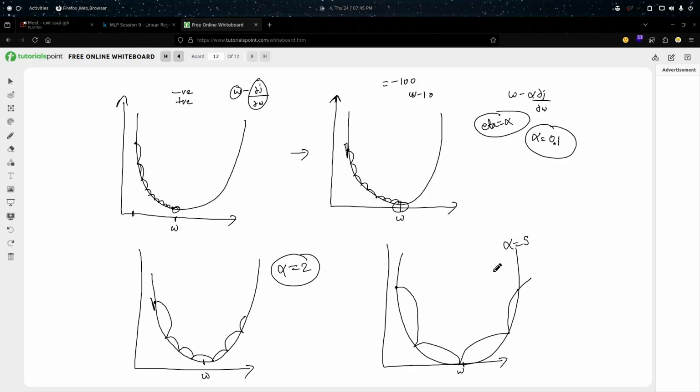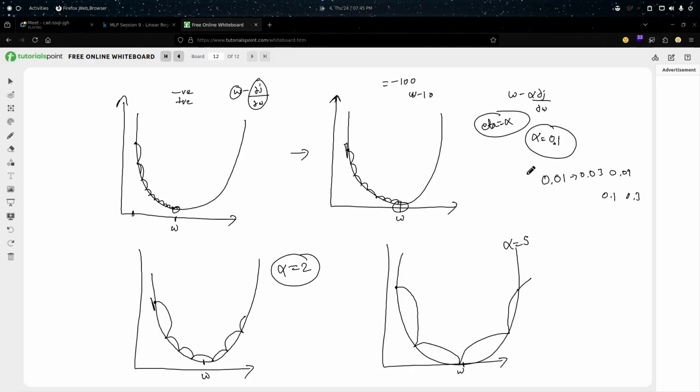The suggested value for alpha is that we start from 0.01 and try various values. Let's say we try 0.03, 0.09, basically multiplying by 3, then 0.1, 0.3.